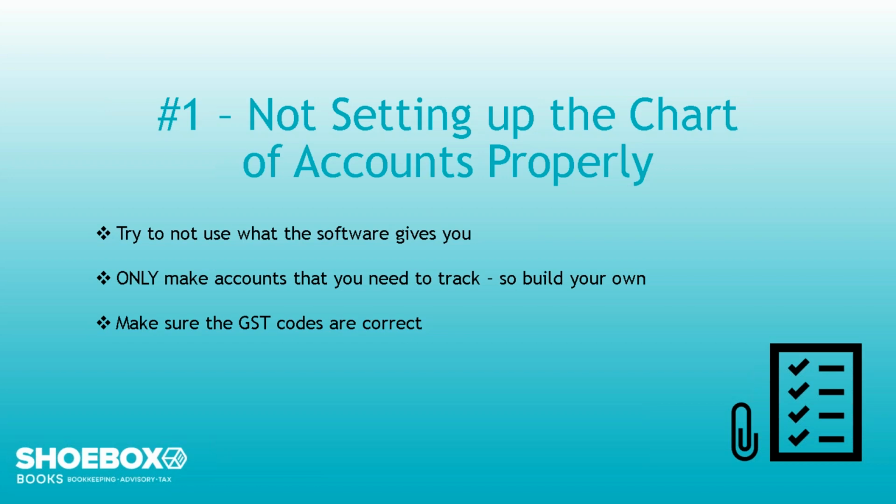Some people without a lot of bookkeeping experience would go ahead and make 50 income accounts and try and track what you're selling that way. You're best to set them up as inventory items or even jobs to track them through there, or projects in Xero, and track your items through there.